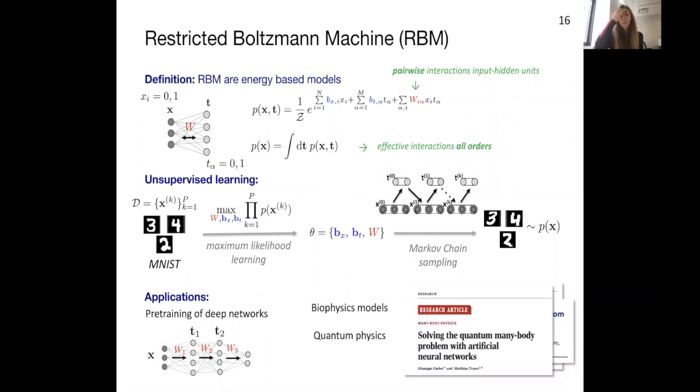And of course, they can also be used in quantum physics to represent density functions of many-body systems. That was a very important paper by Giuseppe Carleo and Matthias Troyer that I think was also mentioned yesterday. Now, how can we use those restricted Boltzmann machines to solve an inverse problem?